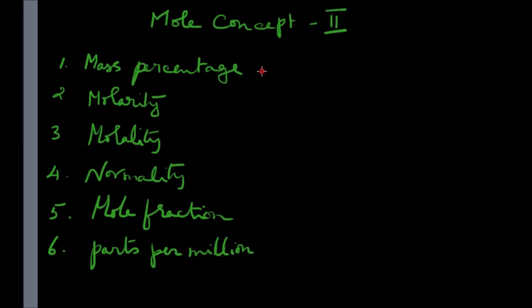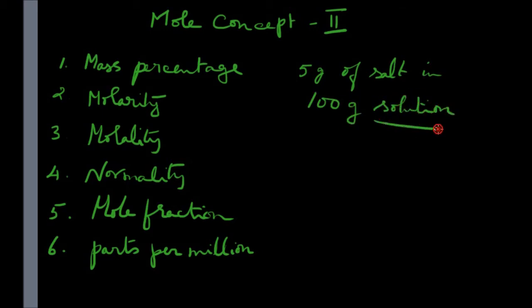Mass percentage is by far the simplest one. When I say a 5% solution of salt in water, it contains 5 grams of salt in 100 grams of solution. Note it carefully, it is 100 grams of solution.